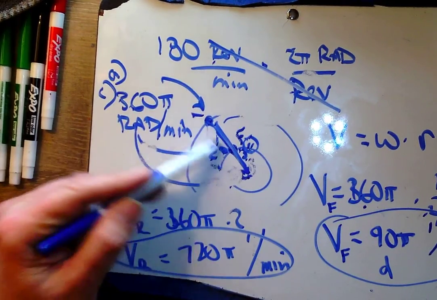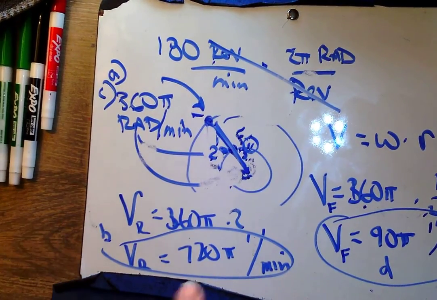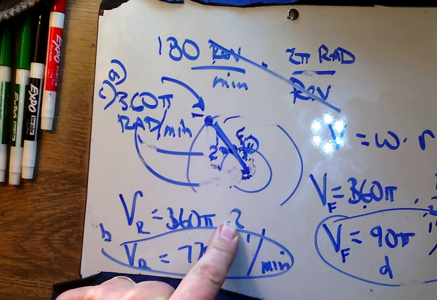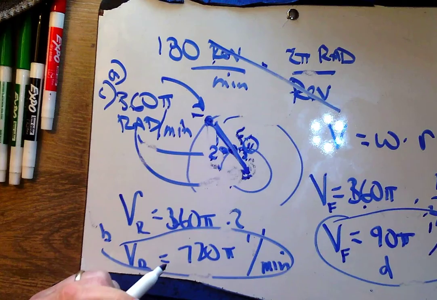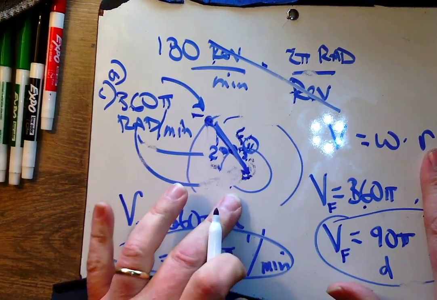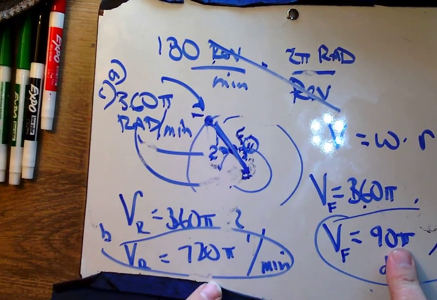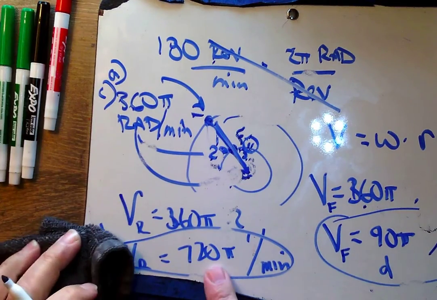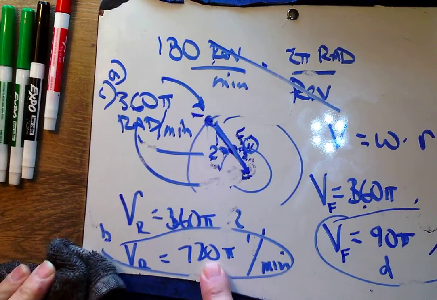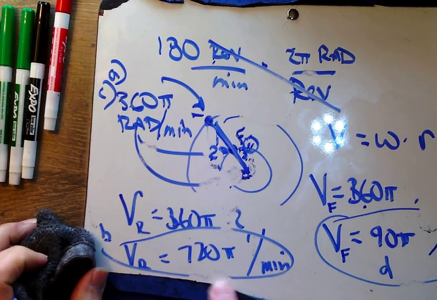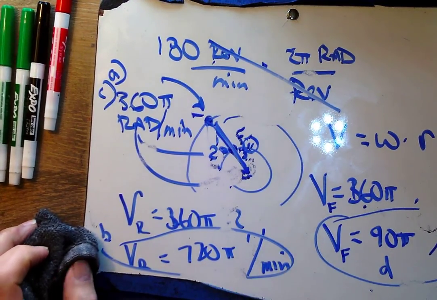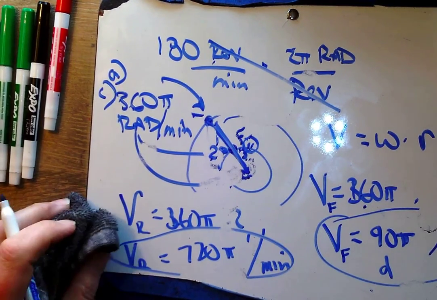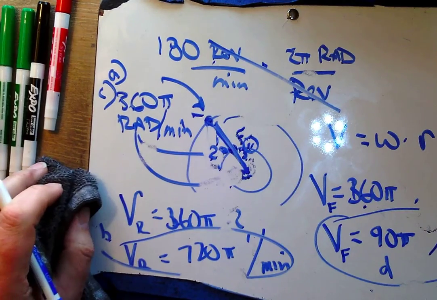The angular velocities are the same on a spinning disk, but the linear velocities are not expected to be the same because the radii are different. Now, if you'd wanted, you could have turned both of these into inches, but these numbers are then much bigger, and I'd be tempted to reach for a calculator. And you might want to reach for a calculator too, because if mom says, hey, how fast you driving, honey? And you say 720 pi feet per minute, yeah, I don't know about your mom, but my mom is likely to throw something at my head and say, speak English.